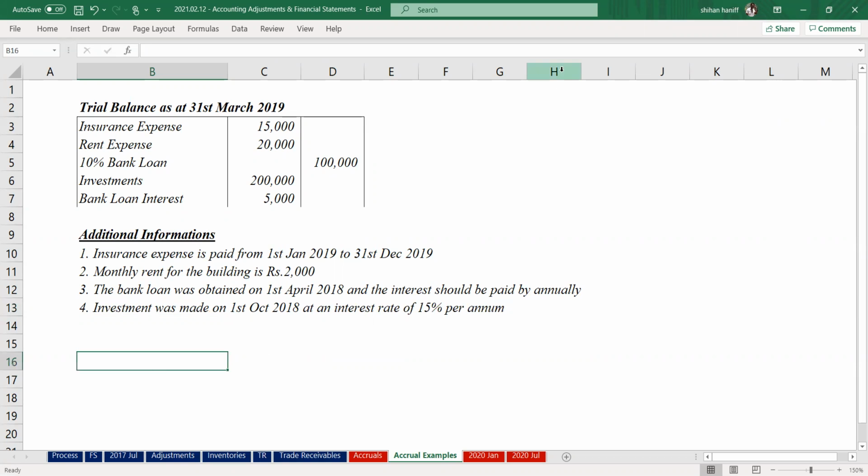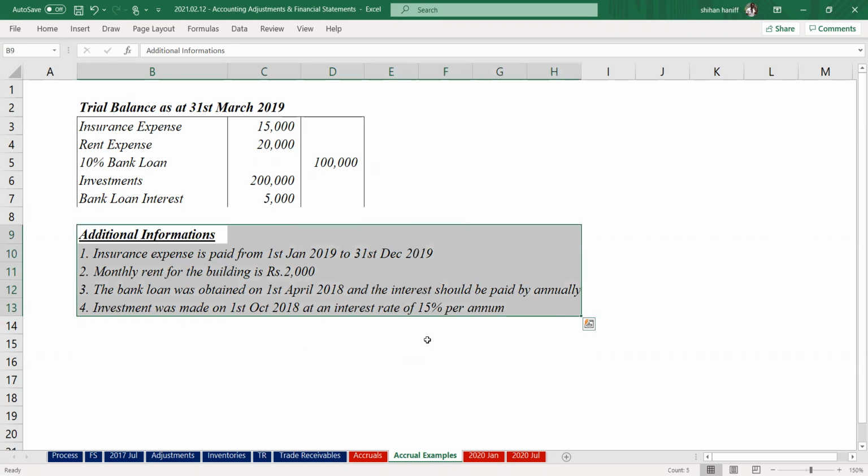Okay, so these are just the additional information.